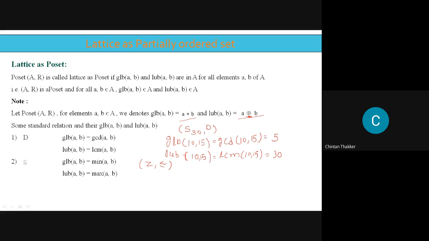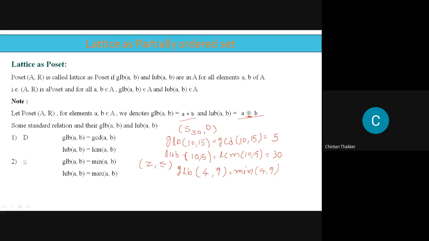Yes, Z comma less than or equal to is a poset. So the GLB of 4 comma 9 is the minimum of 4 comma 9.